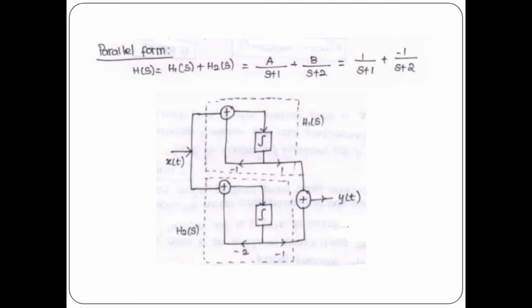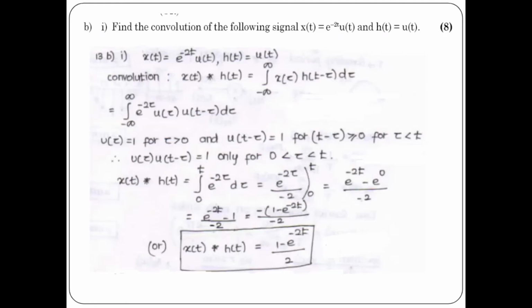While separating H1(s) and H2(s) from H(s), we have to perform partial fraction: A divided by (s plus 1) plus B divided by (s plus 2). Find the values of A and B by the partial fraction method, so that the value of A will be 1 and B will be minus 1. So draw direct form 2 realization structures and then connect them in parallel.